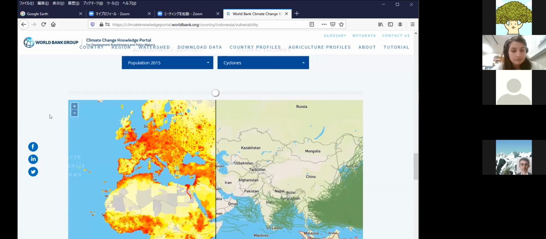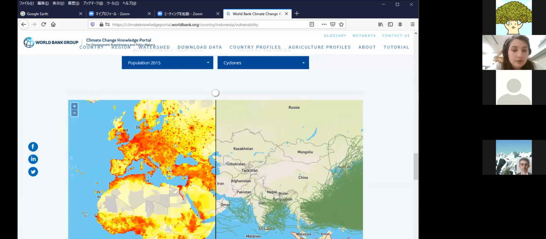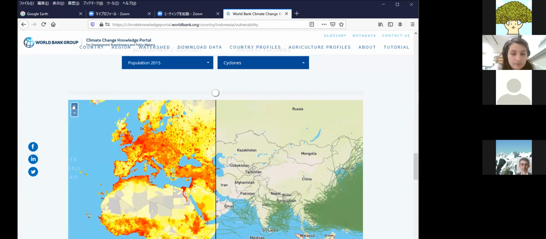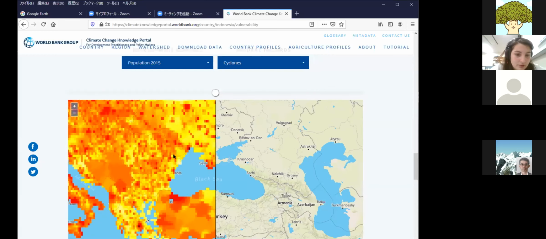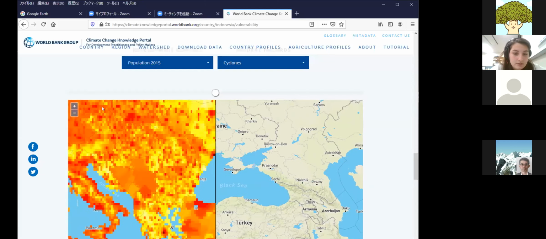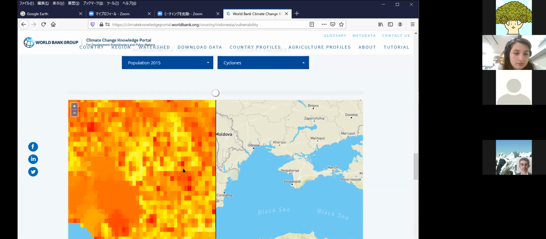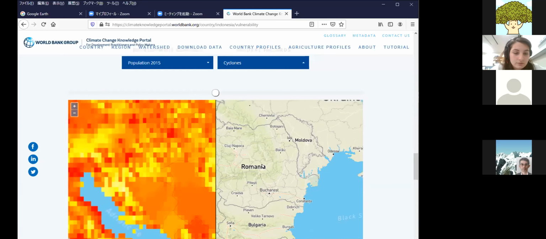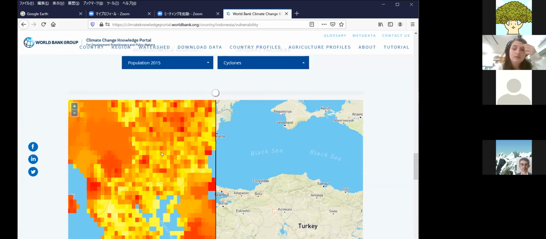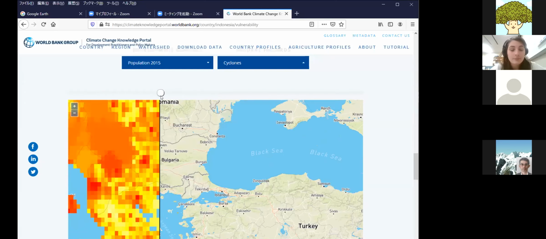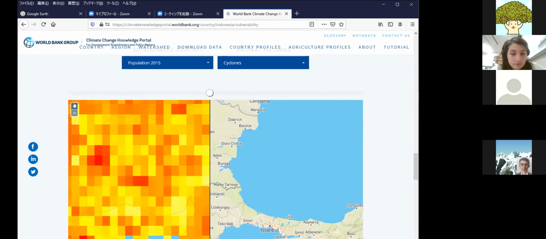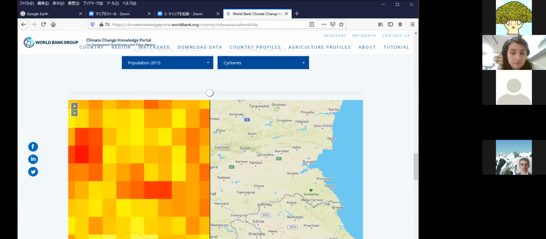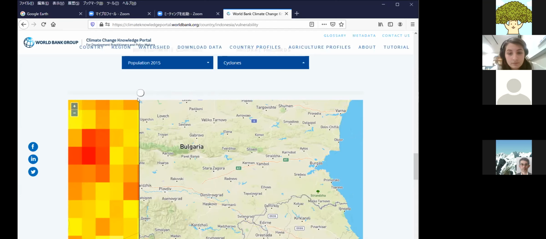Can you see my browser around the European area? Yes.